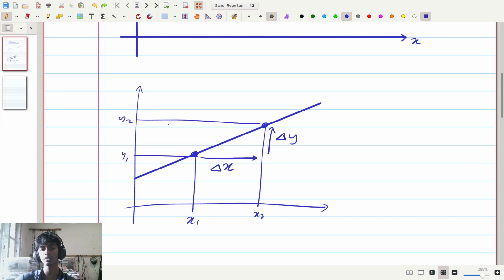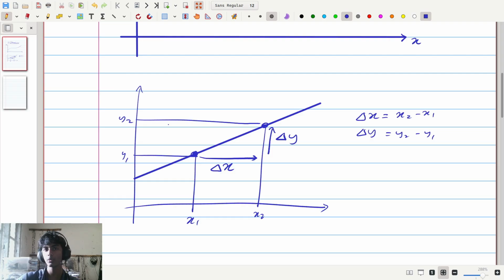From these coordinates, delta x is going to be the difference x2 minus x1, and similarly, the change of y here is going to be y2 minus y1. Now, what is the relative change of y relative to x?